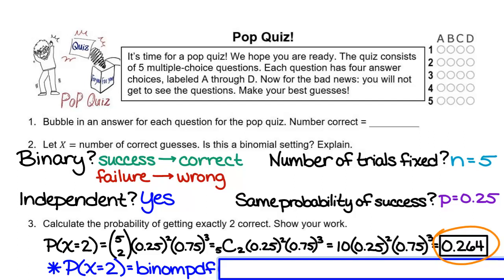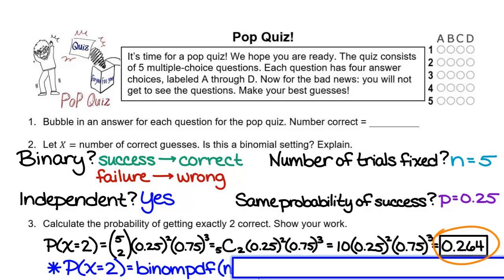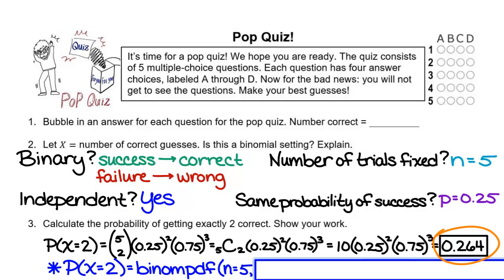This takes 3 pieces of information. We have to feed this function what our n value is, what our p value is, and the number of successes we're looking for, so what our x value is.